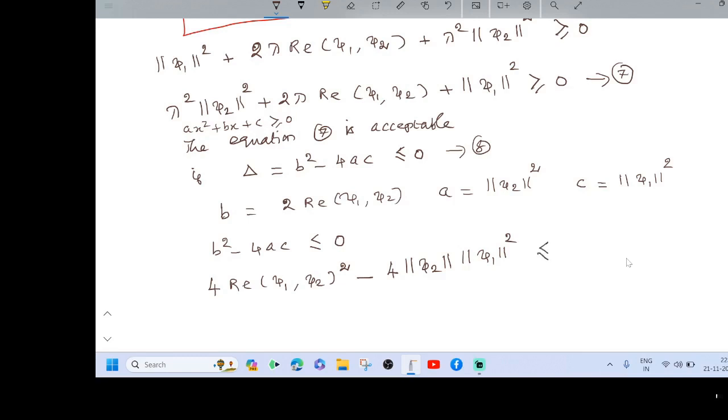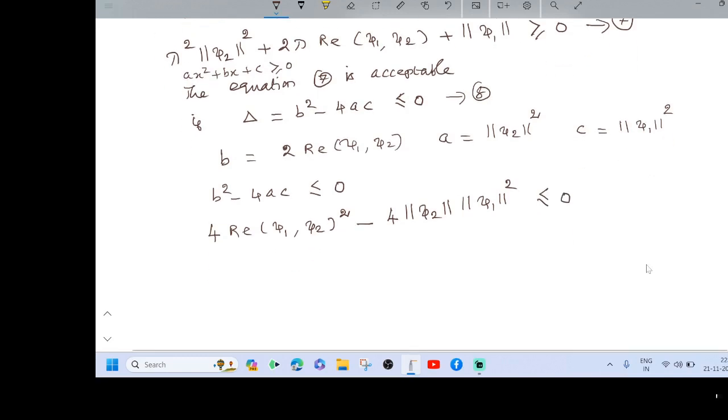These are all less than or equal to 0. Now we may write 4 into real part of psi 1 comma psi 2 whole square less than or equal to, bring this 4 into norm square of psi 2 into norm square of psi 1.